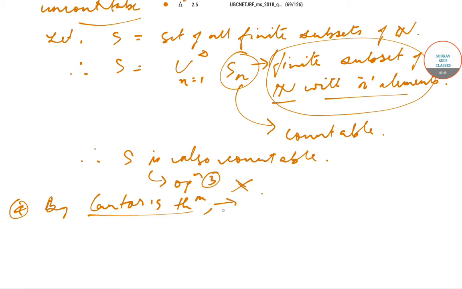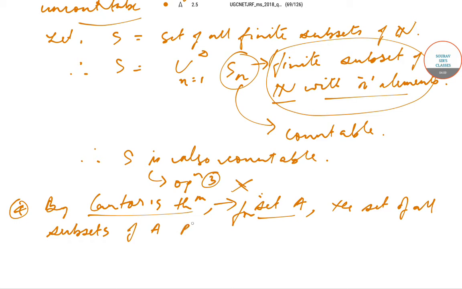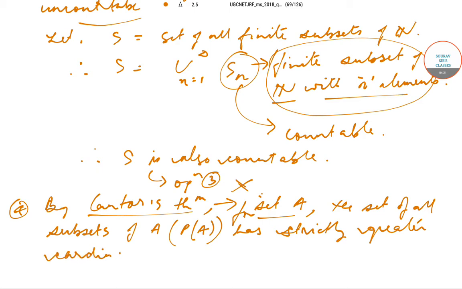Cantor's theorem says that if we have any set A, the set of all subsets of A, which we can denote by P(A), has strictly greater cardinality than the set A itself.